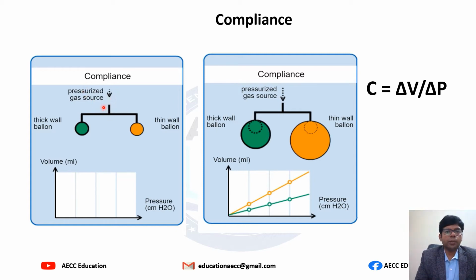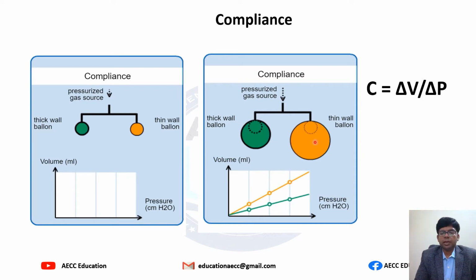Now we gradually open the valve, causing gas to flow into both balloons. The internal pressure increases. As a consequence, both balloons begin to expand. Unsurprisingly, the balloon with the thin wall expands faster than that with the thick wall.